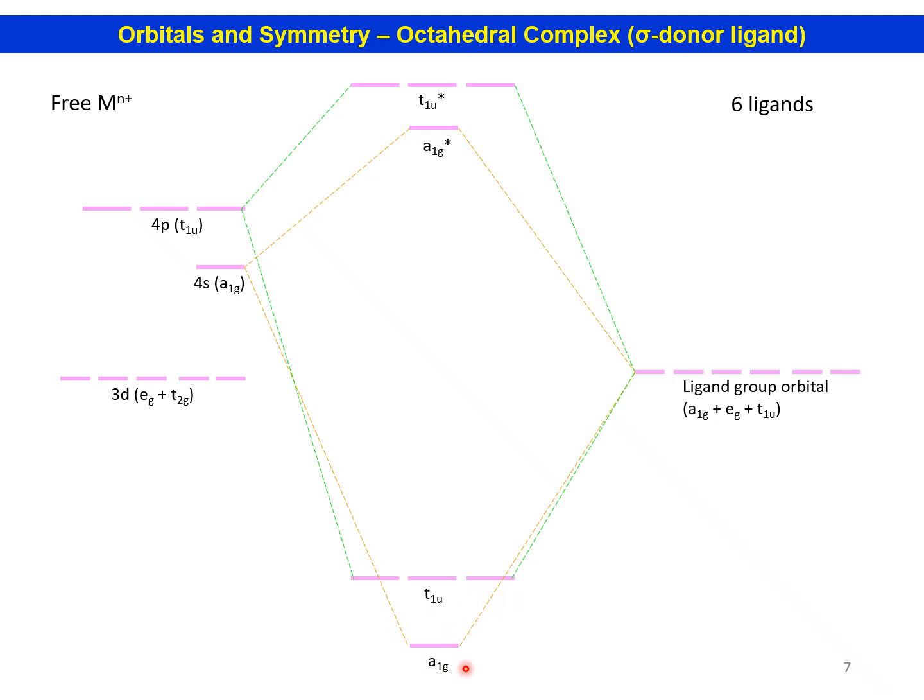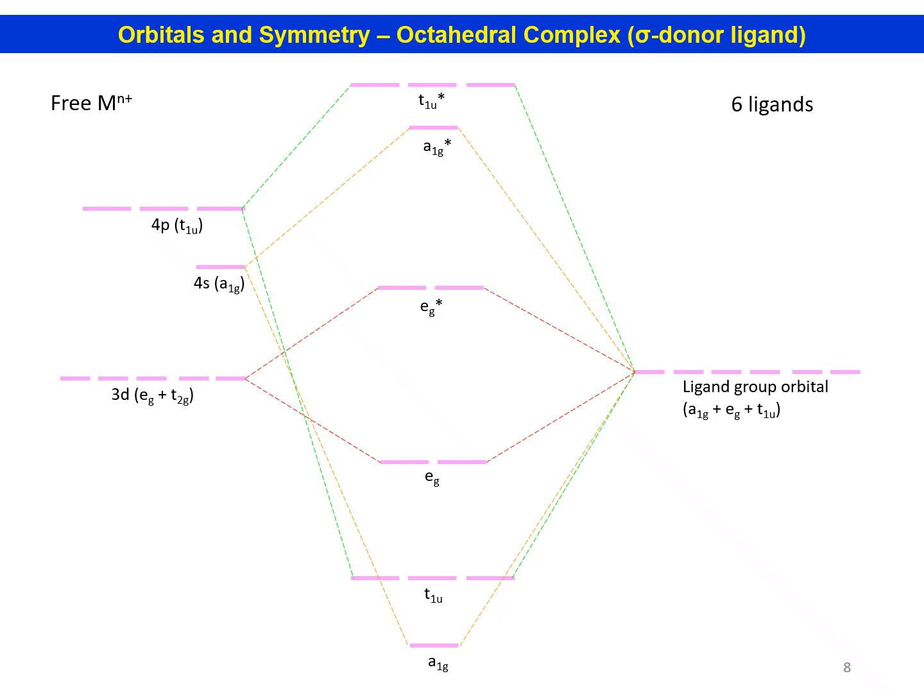Now, the A1g and T1u are split from the ligand orbitals and from the metal p and s orbitals. The green dotted line represents the p orbital split into bonding and anti-bonding from the metal and ligand, while the orange dotted line shows the separation of the bonding and anti-bonding of the s orbital from the free metal ion and the 6 ligands.